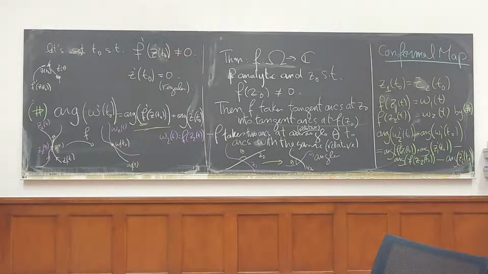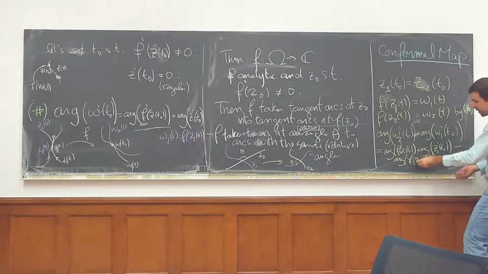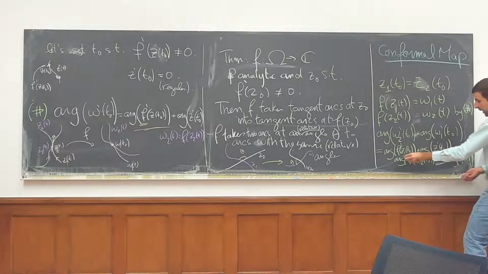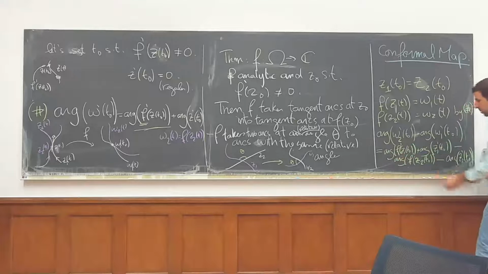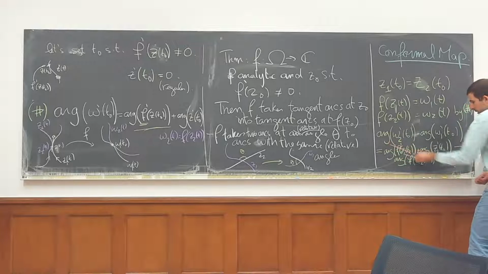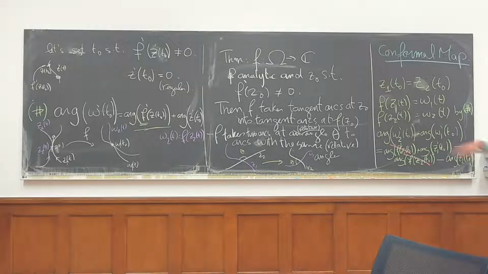Okay, but now we're done, because this is the same as that, so I can cancel. There's a minus here, there's a plus there. I can cancel this out, and I get that the relative angle between the tangent lines at W2 and W1 is the same as the one between, of course, I swapped the ones and the two, sorry.